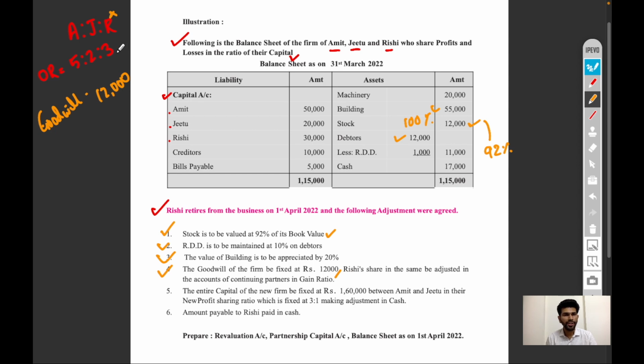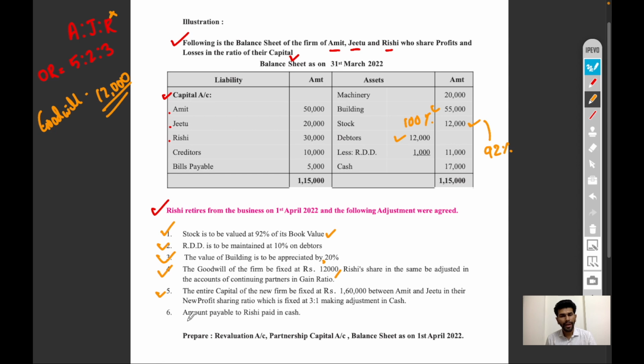So Rishi's share in the goodwill, that is 3/10, will be distributed among the remaining partners in the gain ratio. So we know the journal entries. First we have to raise the amount of goodwill up to the share of Rishi, then we will distribute it among the remaining partners in the gain ratio.